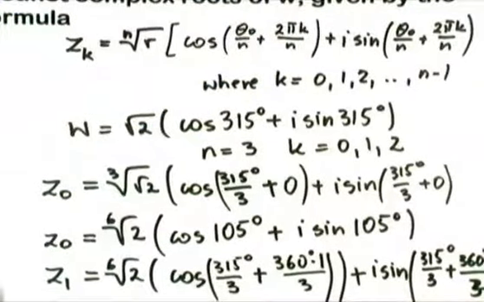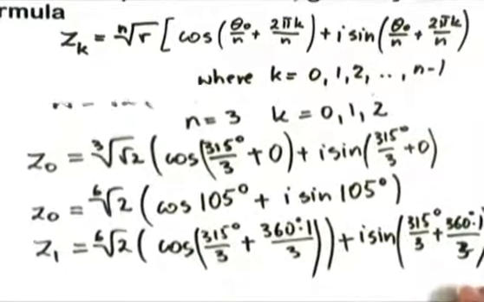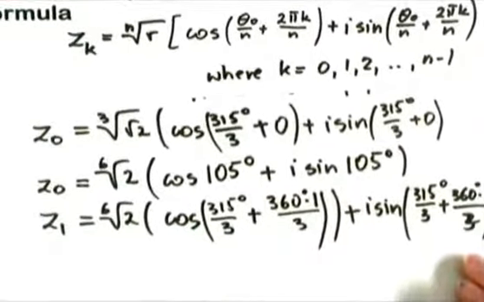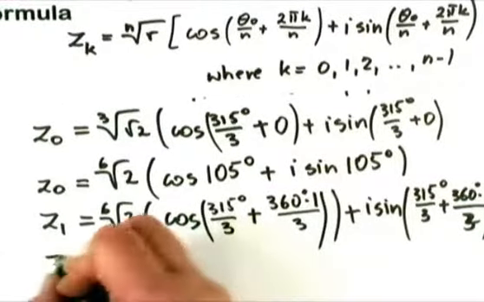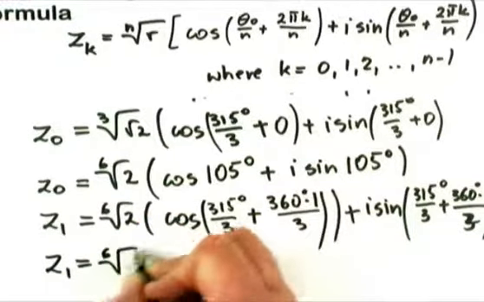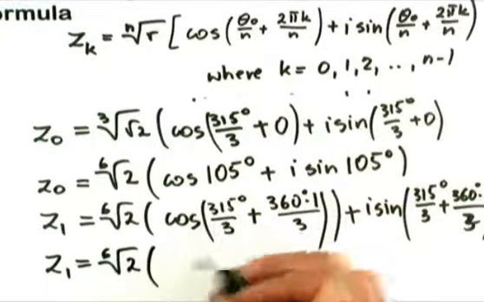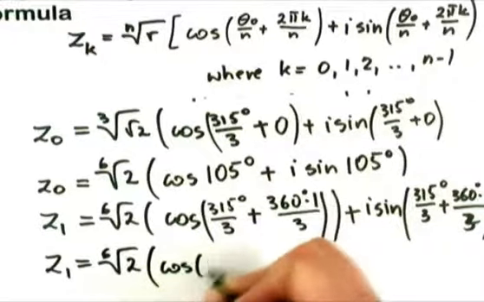We are looking for the cube root. So z1 is the sixth root of 2, and this one is cos 105.